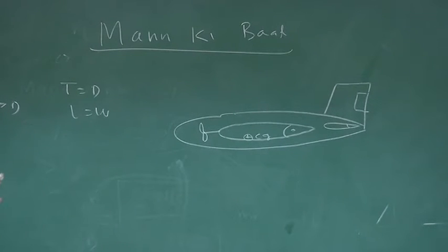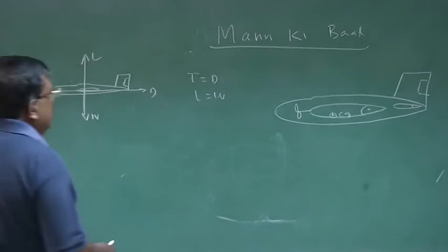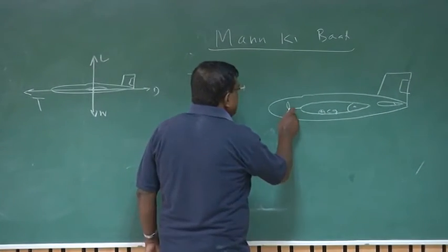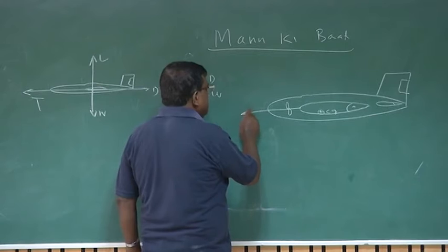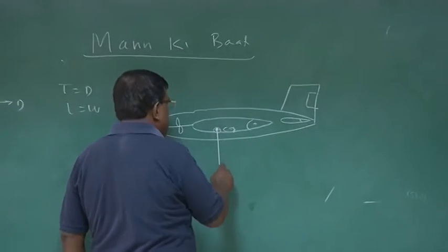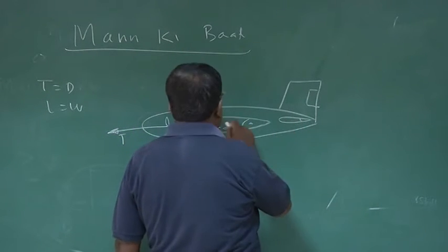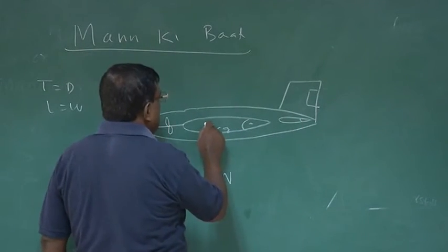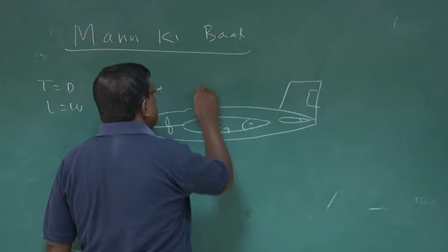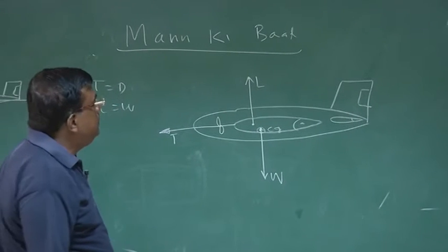This is a schematic of a typical airplane, right? And when it is flying, actually what is happening? You see, this portion gives the thrust, okay? Weight is here. Then lift on the wing will be at some point, let's say here. I will explain where exactly this point will be.